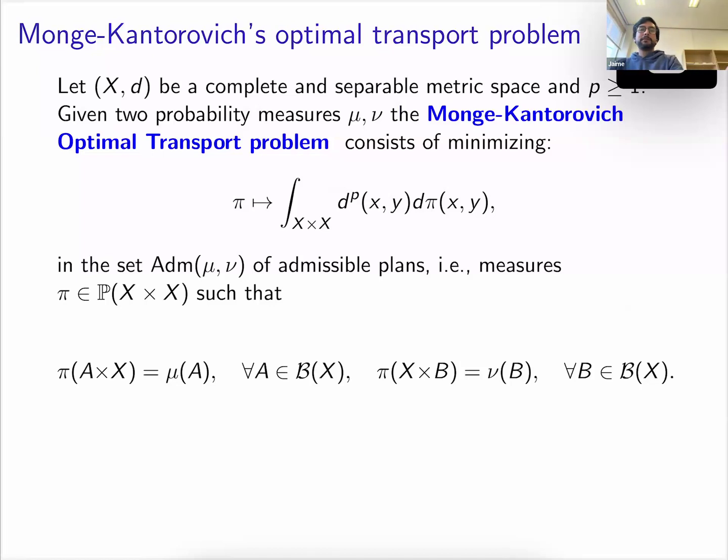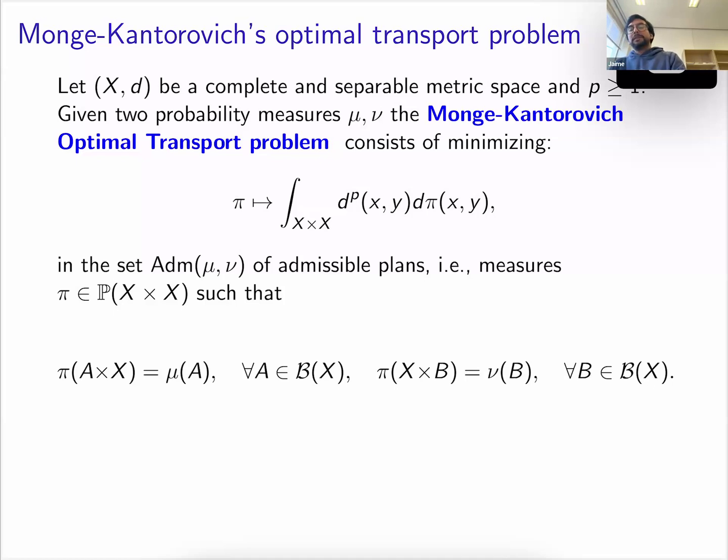Now, in a more rigorous way, we have the following setting. We have (X, d), a complete and separable metric space, and some exponent p greater or equal than 1. And we have two probability measures, mu and nu, and we would like to minimize the following functional. You take a measure pi, and you take the integral of the p-th power of the distance with respect to that pi.